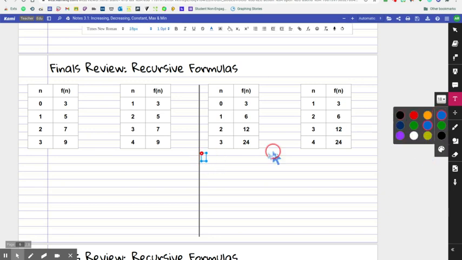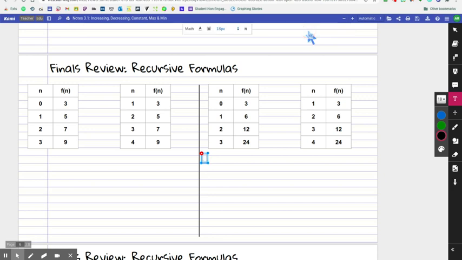So if you're typing this out, this is what I'm going to recommend you do. Use your text box. And then see how there's like a little FX thing here and you hover over it, it says formula. Click on that. So the recursive formula in function notation, which means you use F's, is f of n is equal to f of n minus 1 and then something, right?